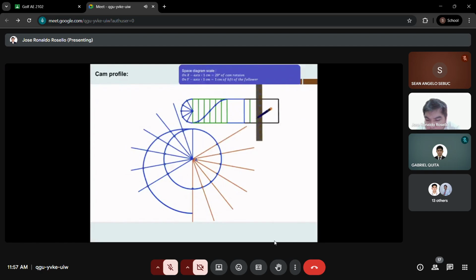Again, divide that particular return stroke of 120 divided by 20, that is 6 centimeter, into 6 equal parts, and join this diagonal. And these distances are important for us, so we are marking this point so that we can transfer these distances as we have seen earlier on our blue lines. So we are just marking the points on our circle.